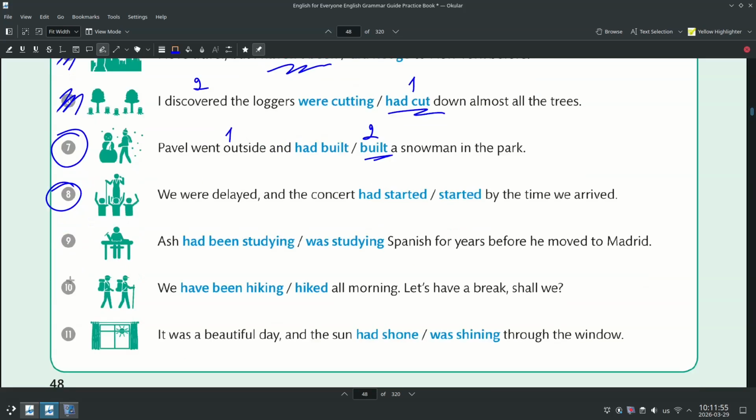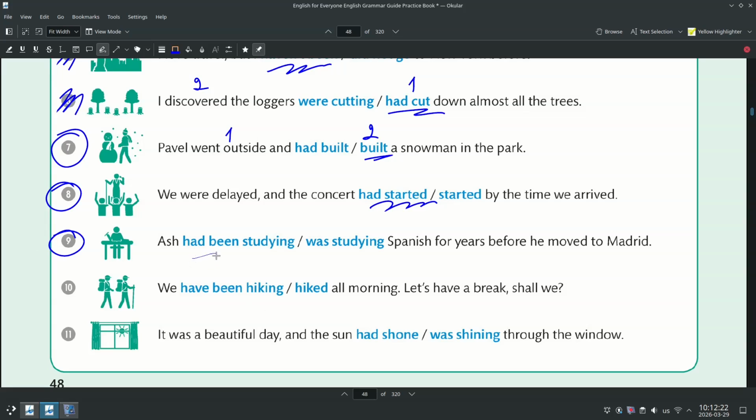Number 8. We were delayed and the concert had started by the time we arrived. Number 9. Ash was studying Spanish for years before he moved to Madrid.